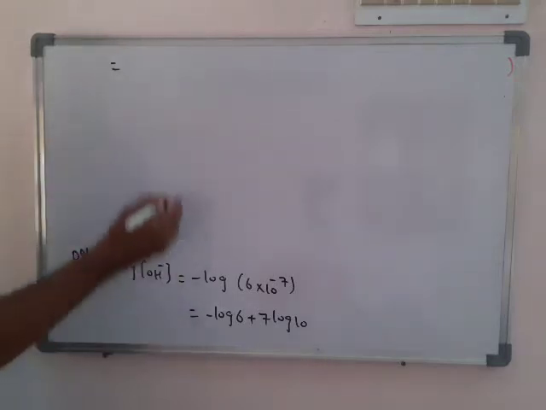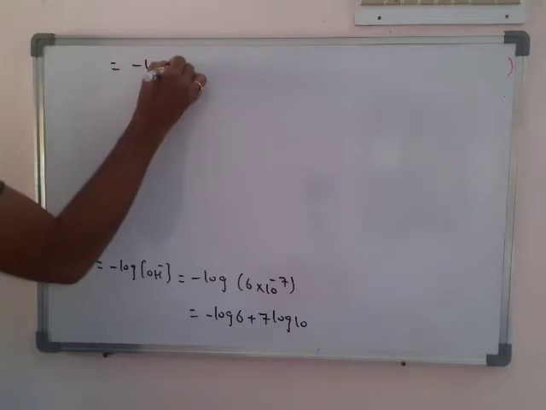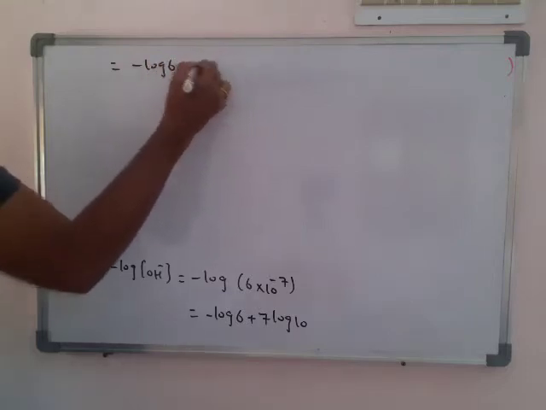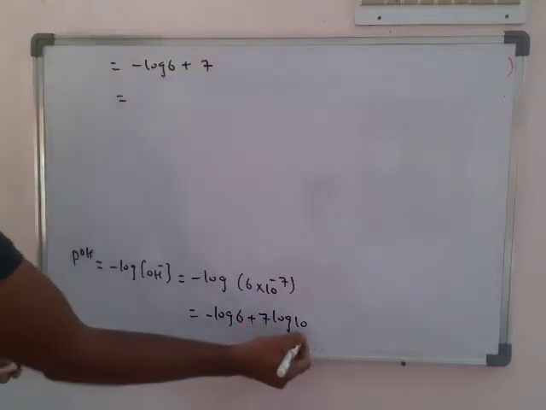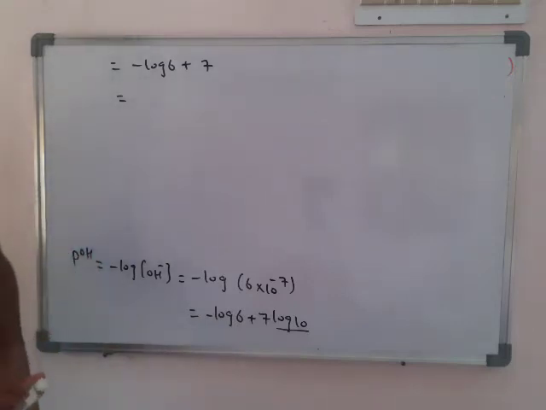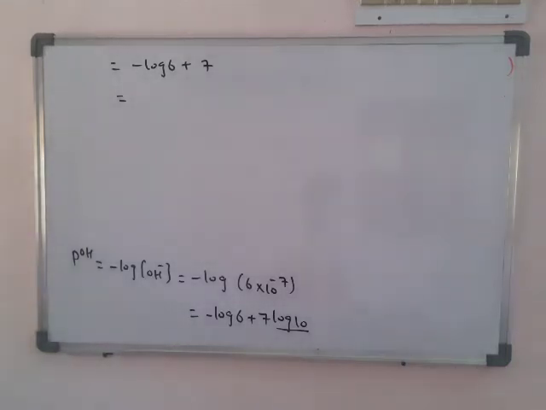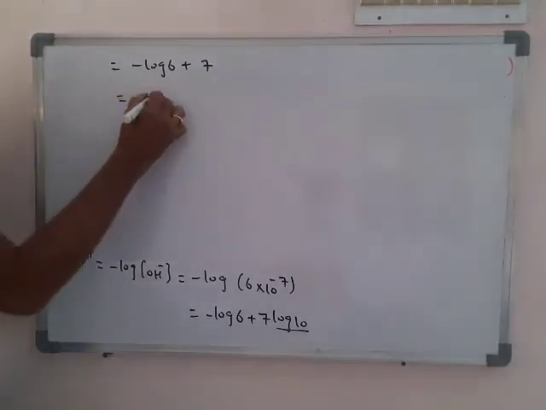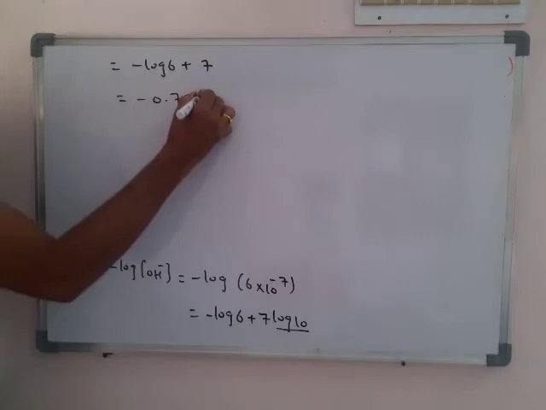So minus log 6 plus 7 log 10. We know the log 10 value is 1. The log 6 value is given, approximately 0.778.